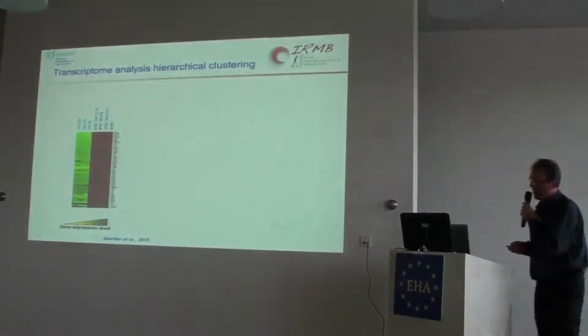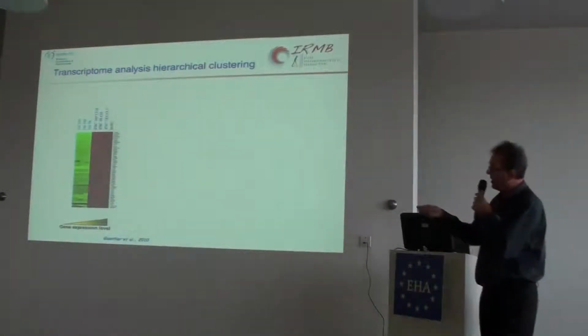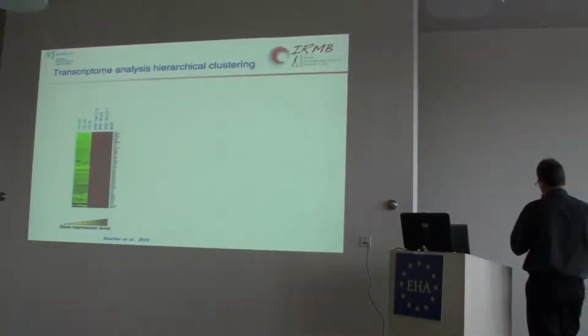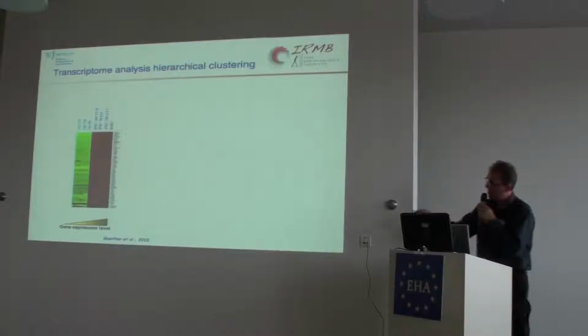Then we selected here 3 different iPS clones from 74 years proliferative, 74 years senescent, and 96 years old, and we looked at the re-expression of all the pluripotency markers.